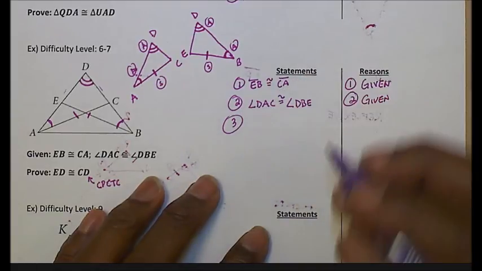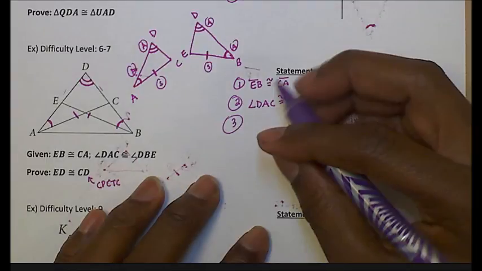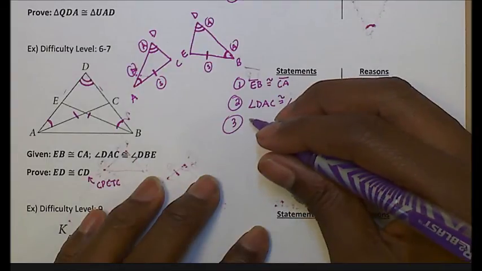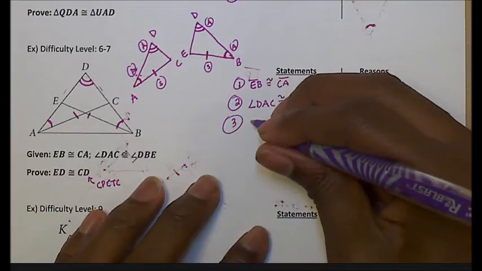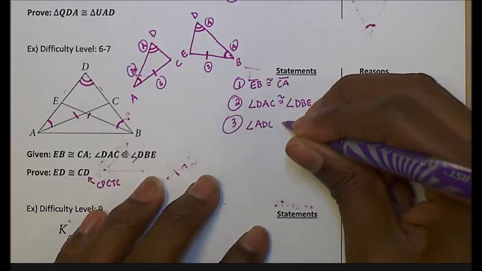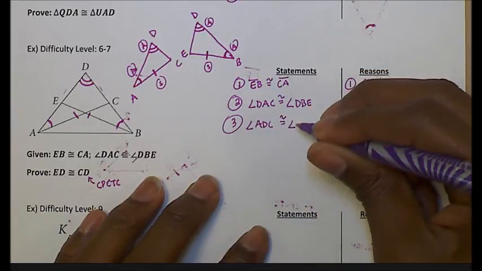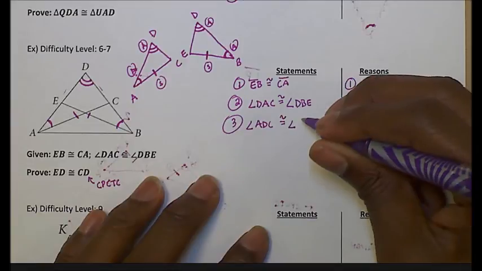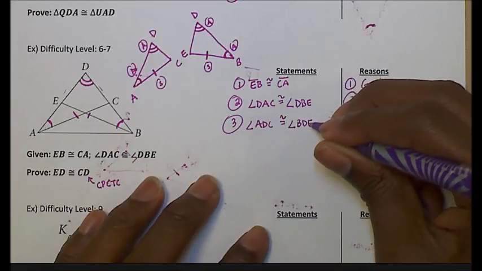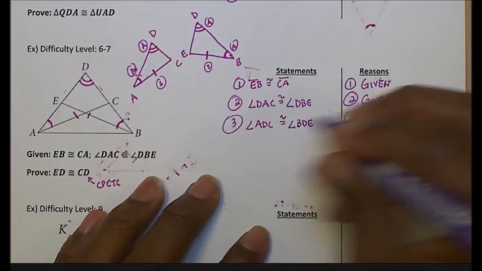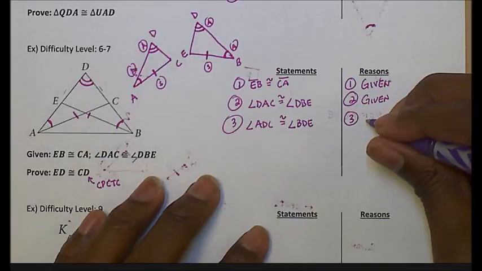Something else: angle ADC was congruent to angle BDE. It was a shared part, so that's the reflexive property.